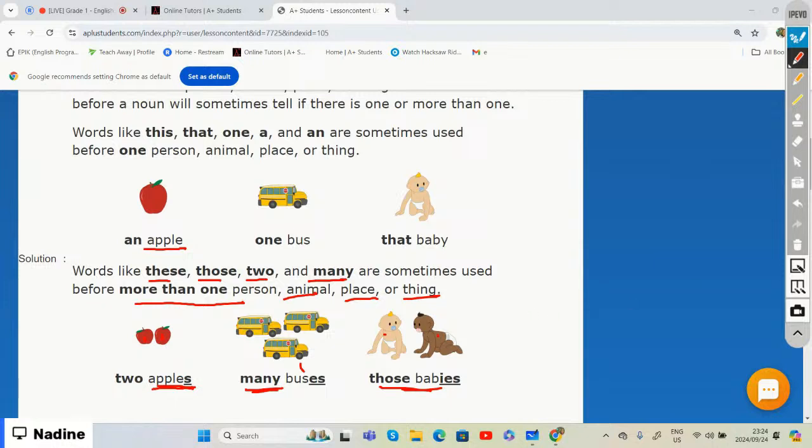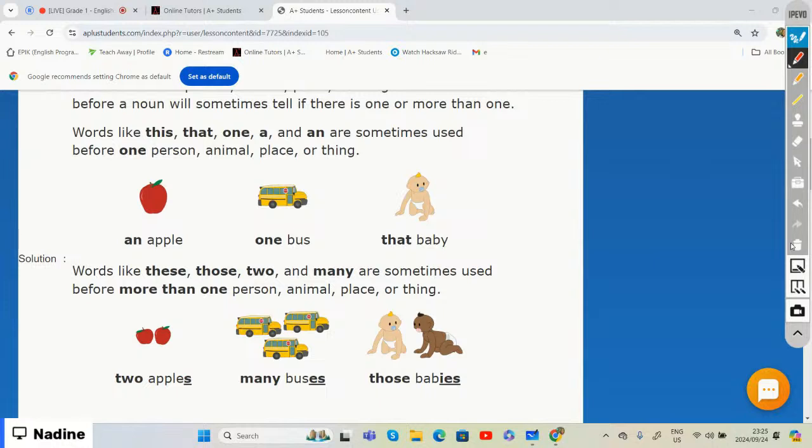All right. So once again, we have singular nouns and we have plural nouns. Singular nouns refers to one person, one animal, one place, or one thing. And we can use words like this, that, one, a, and an just before our noun that makes mention of one person, one animal, one place, or one thing.